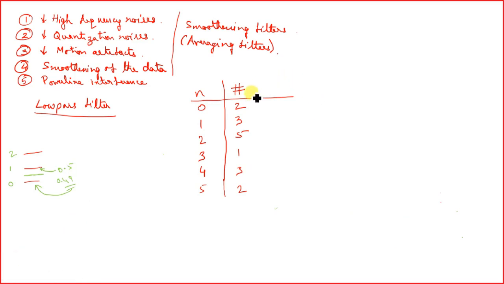Now let us take an example of an averaging filter. So we can say output y. Suppose I want a 3-point average here.